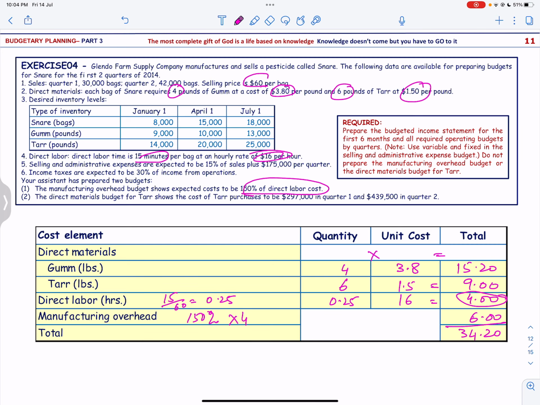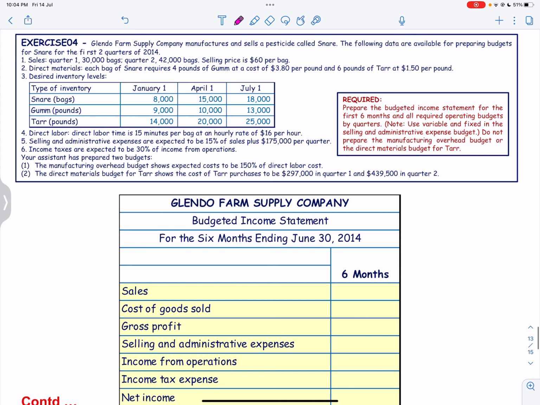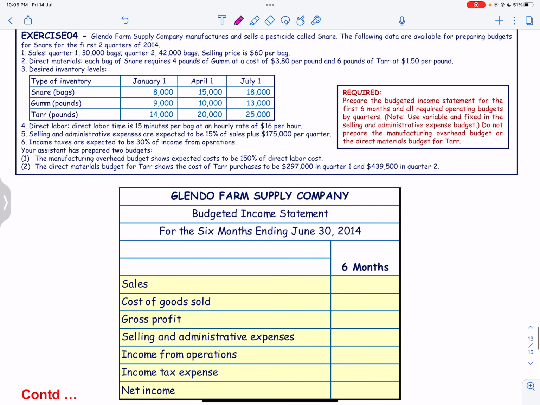Now we can prepare the budgeted income statement, and for this we start with the sales. Now we have 30,000 bags plus 42, that is 72,000 bags, and we are selling at the rate of 60, times 60, that makes 4,320,000.